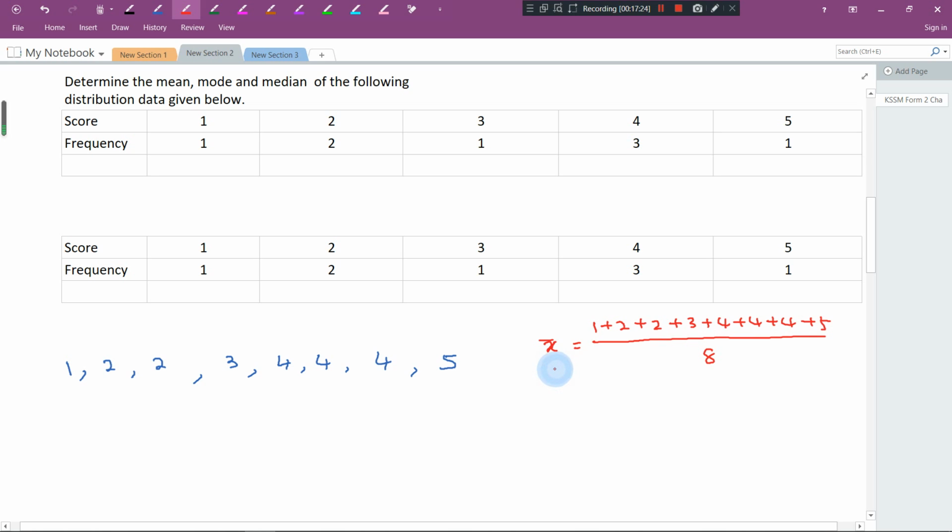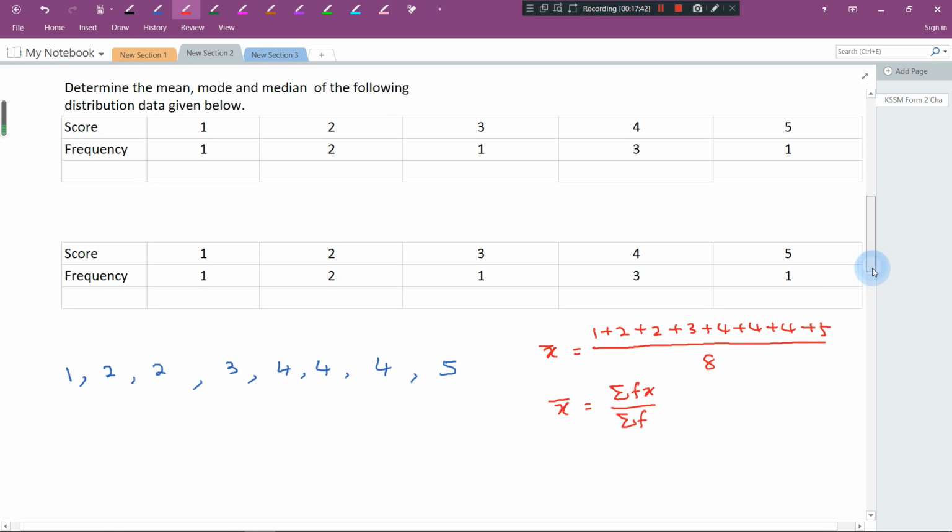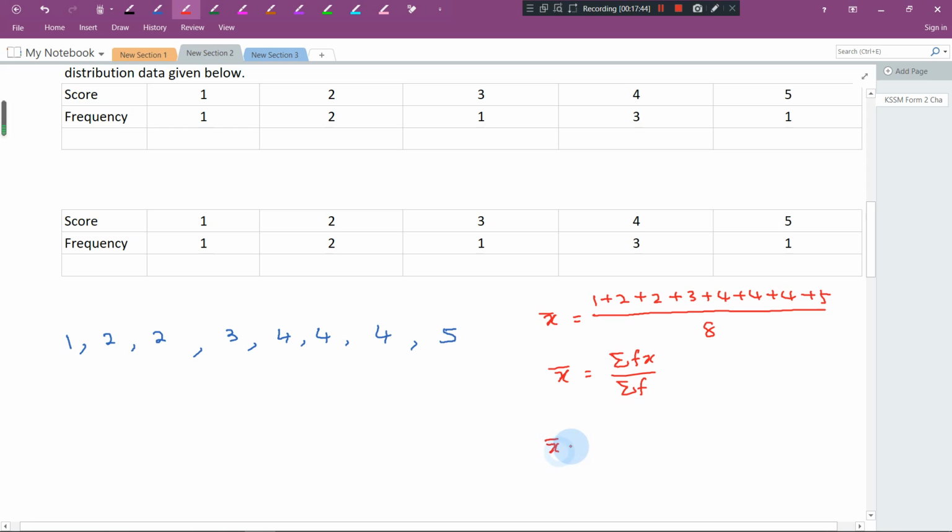But actually, we can use another way if we are given the frequency table form, which is the formula I showed you just now. You still remember? Sum of fx divided by sum of f, which is the total frequency. f means the frequency, x is the data.